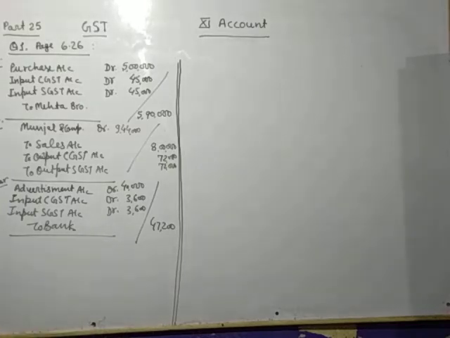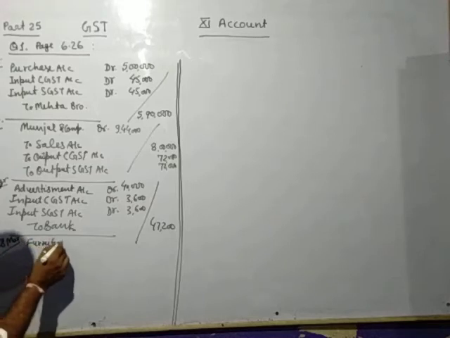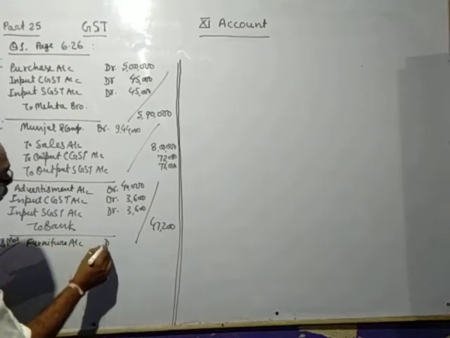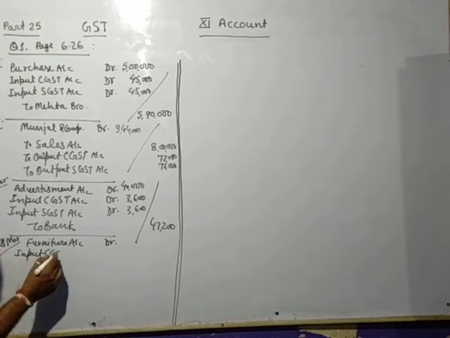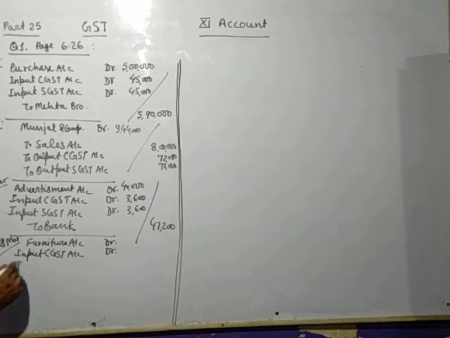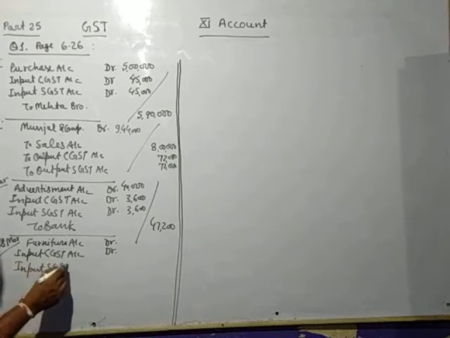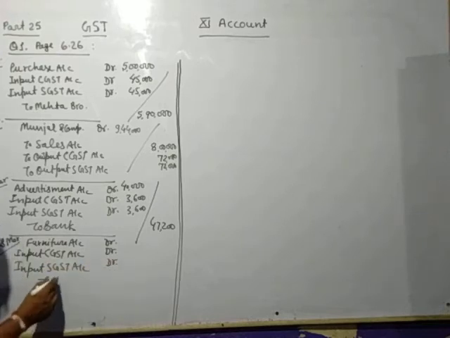So furniture account debit, input CGST account debit, input SGST account debit to bank account.